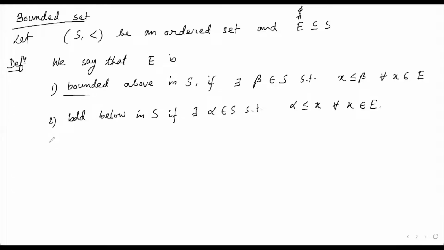Now we say that E is bounded if E is both bounded above and below. So E is bounded, more precisely bounded in S, if E is both bounded below and bounded above.